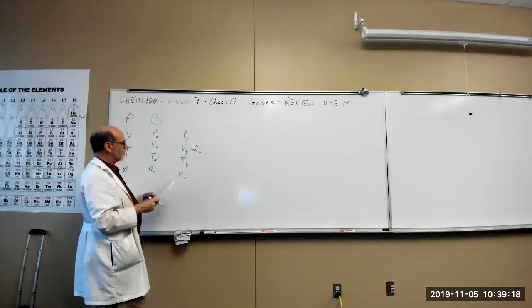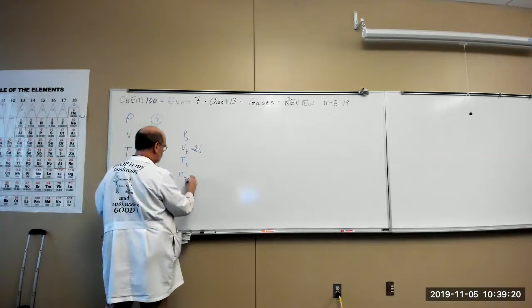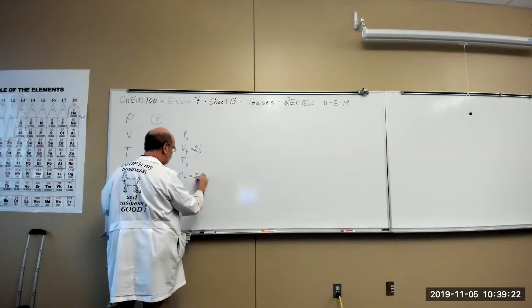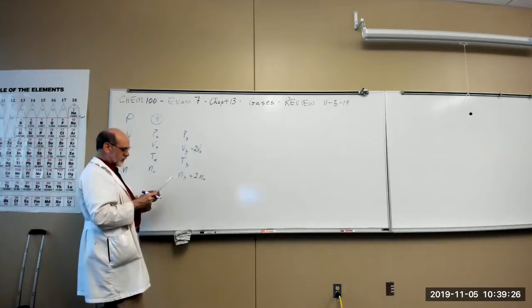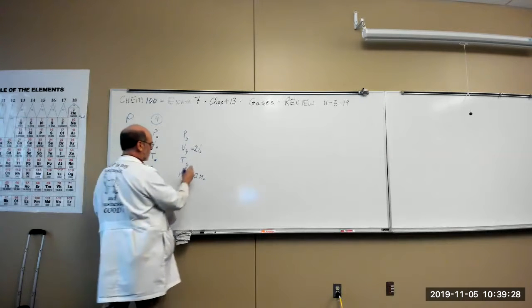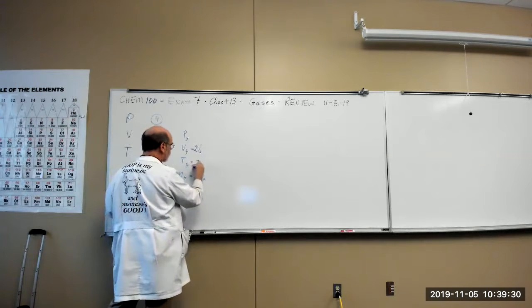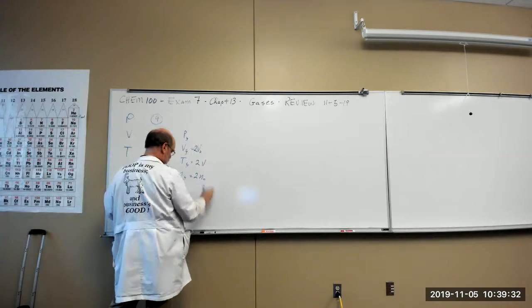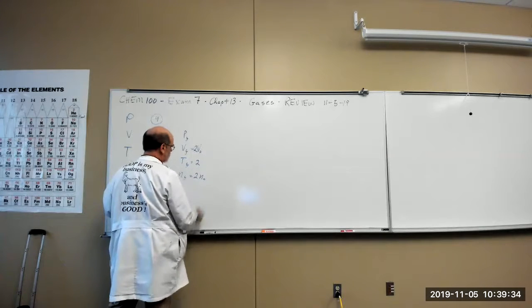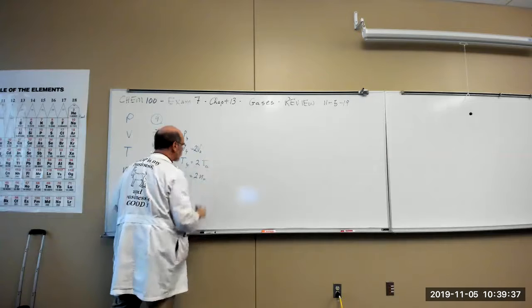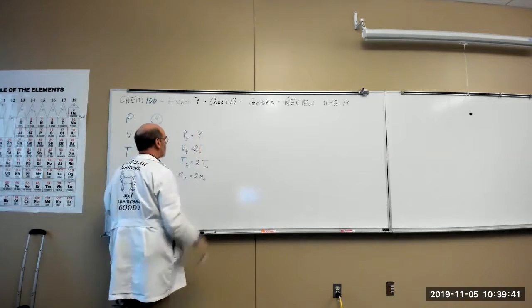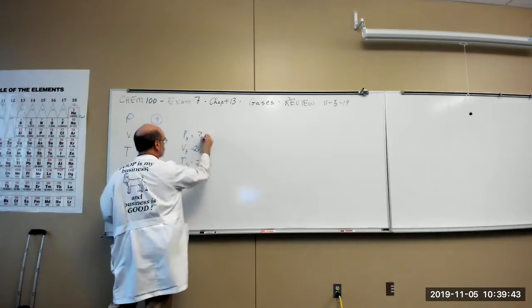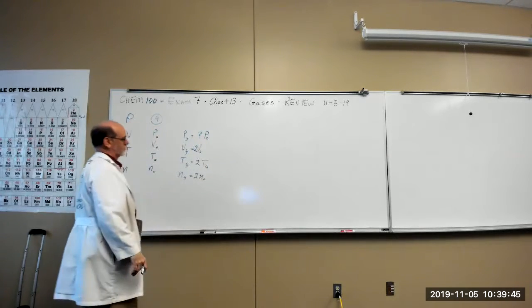You double the number of moles, right? So the final is equal to twice what the initial was. And you double the Kelvin temperature. So the final temperature is equal to twice the initial temperature. This is the question. How is that one related to this one?